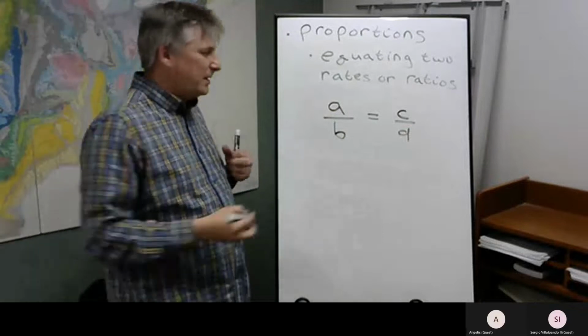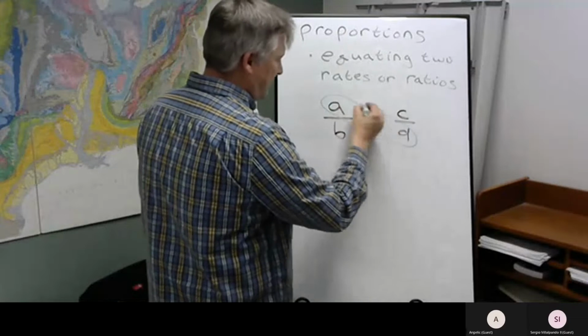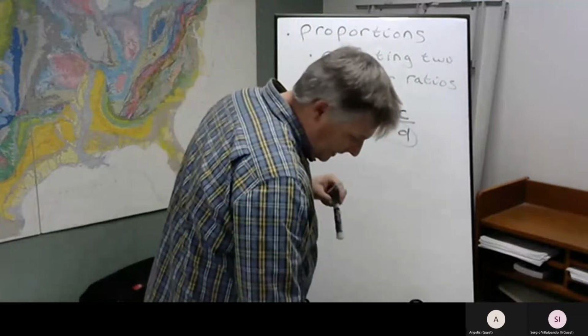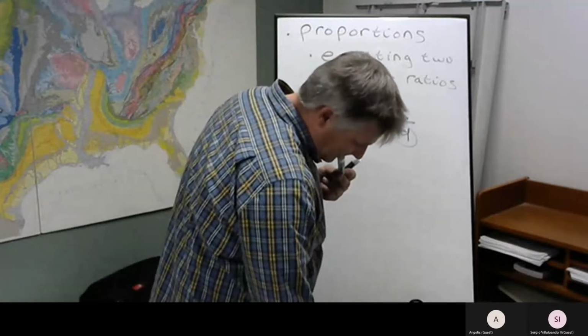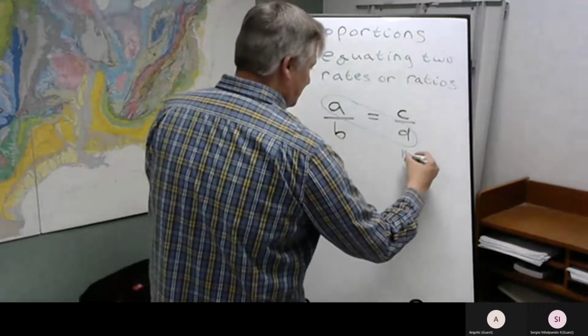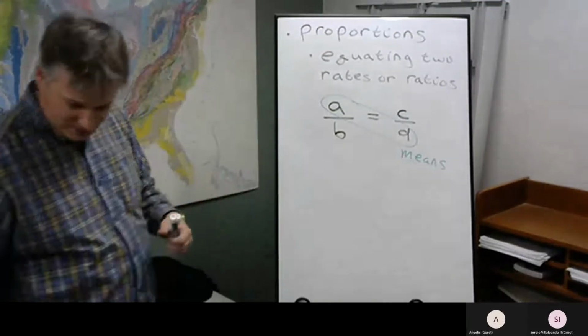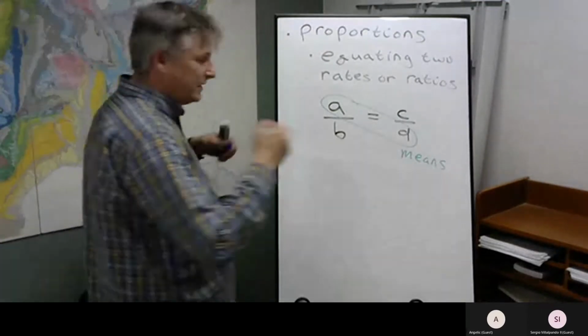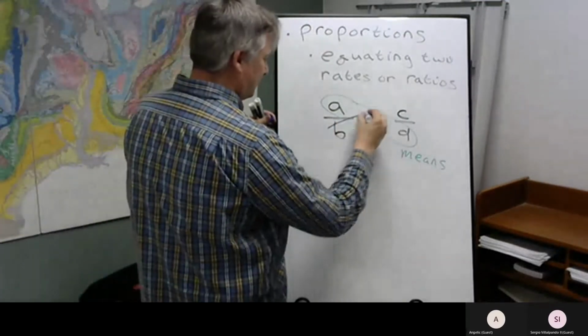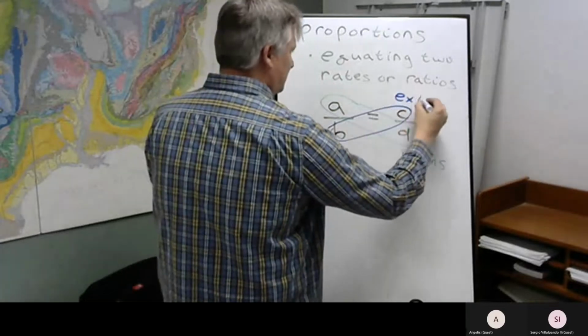So we have some special names for these. A and D, and let me just double check here. I want to get this right. Yeah, that's going to be. These are called the means. Then B and C, these are called the extremes.